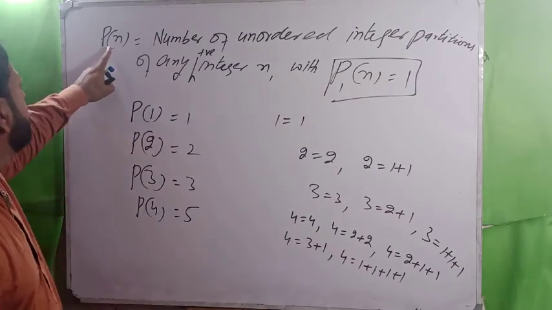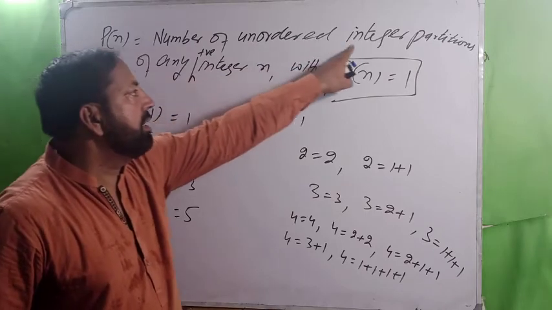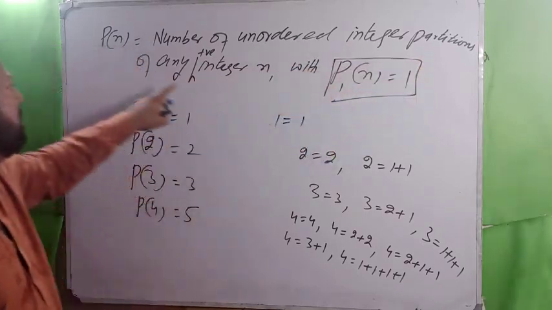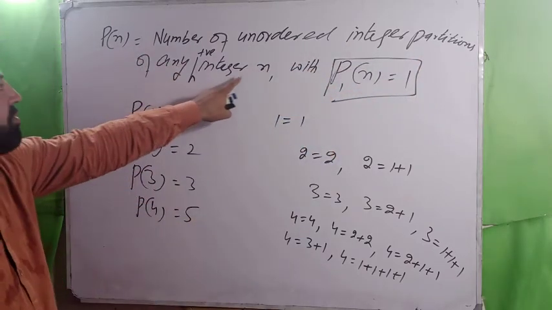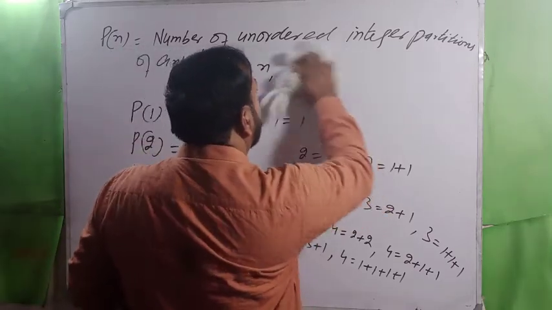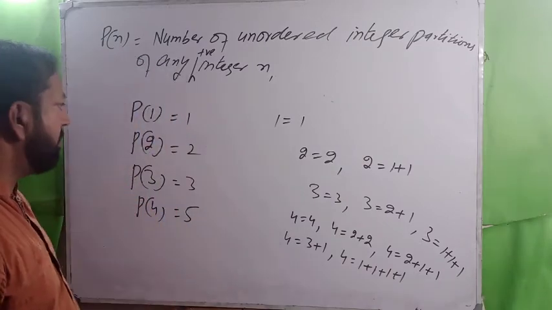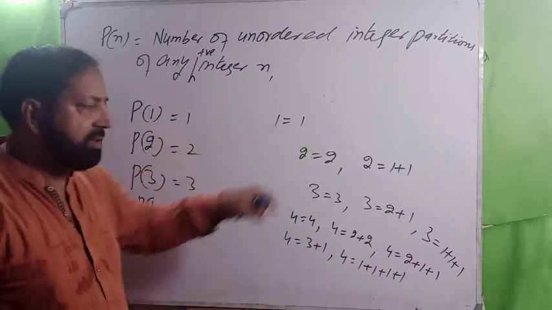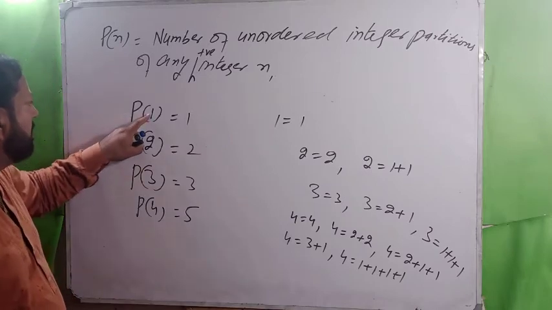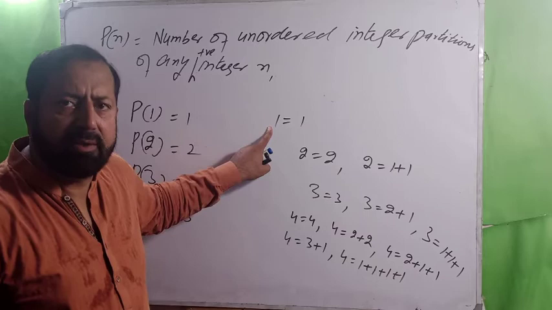Now, the symbol Pn is the number of unordered integer partitions of any positive integer n. Leave it, I don't want to use this now. After a little discussion, I will introduce what this is. So P1, number of partitions: 1 can be written in only one way, 1 is equal to 1, right?